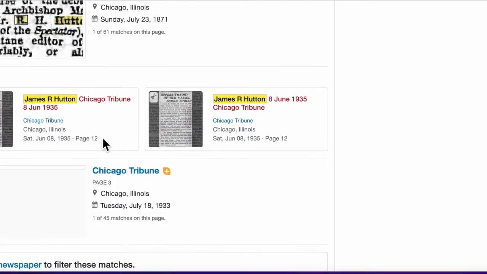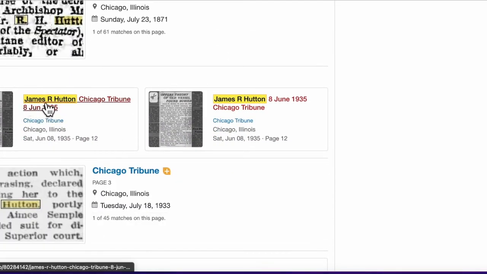Now, I get to this point, and in this case, I do have a subscription to newspapers.com, and I have actually researched this man before. As you can see, I made a clipping of the newspaper article that I found, and this is the one that I put under the category of the good.